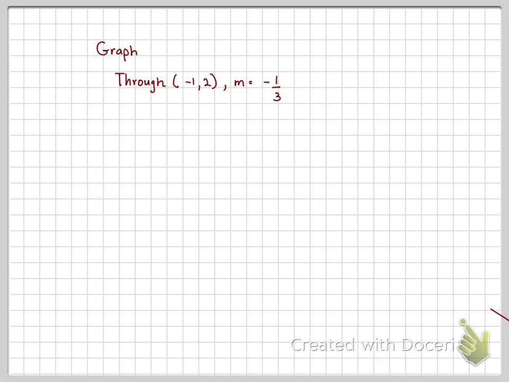Again, same idea. We will be graphing a line that goes through -1, 2 with a slope of -1/3. So we'll graph that coordinate, -1, 2 is right here.